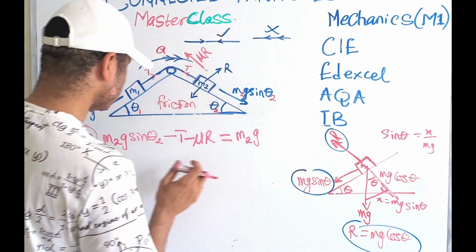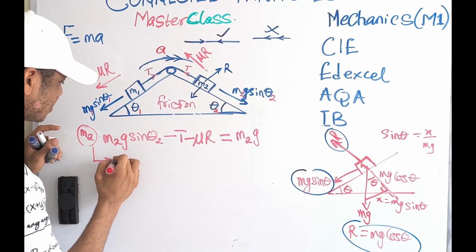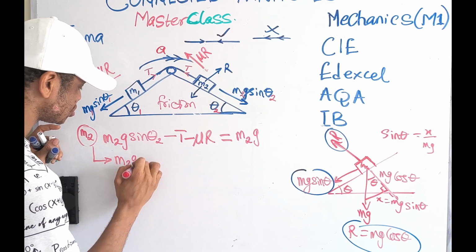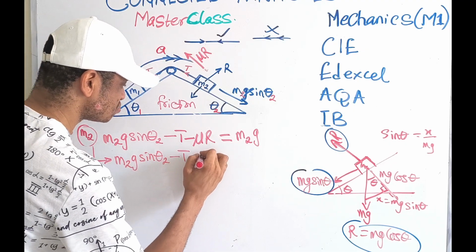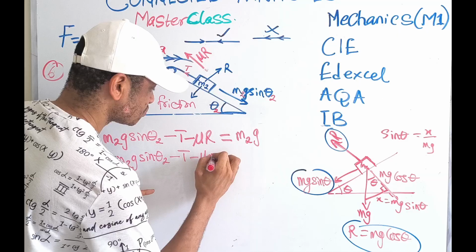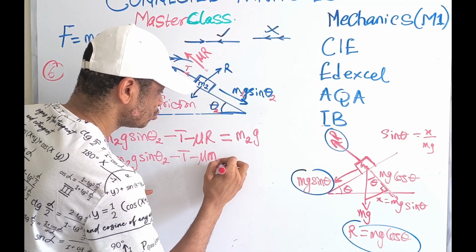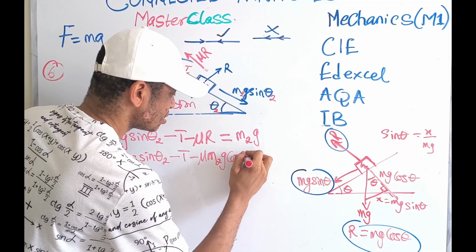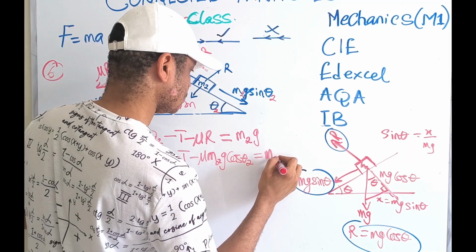Don't forget that. So this will now be M2g sine theta 2 minus T minus mu M2g cos theta 2 is equal to M2a.